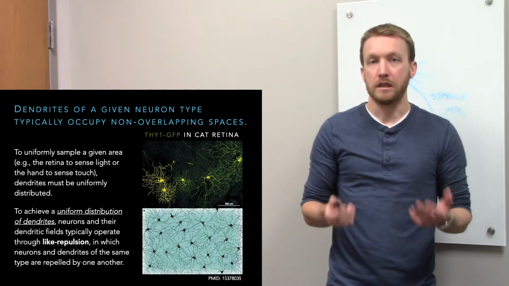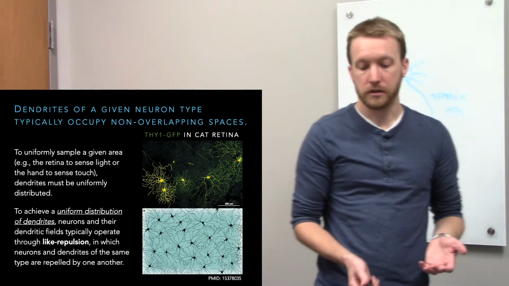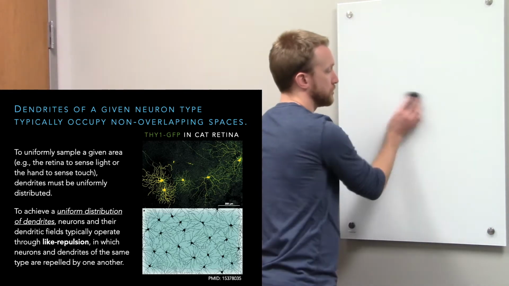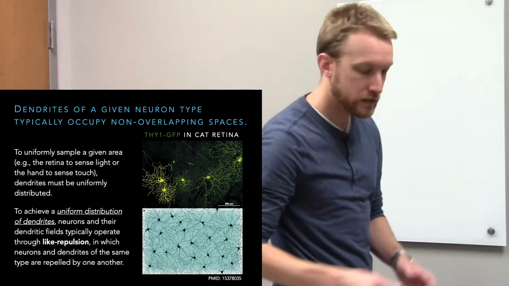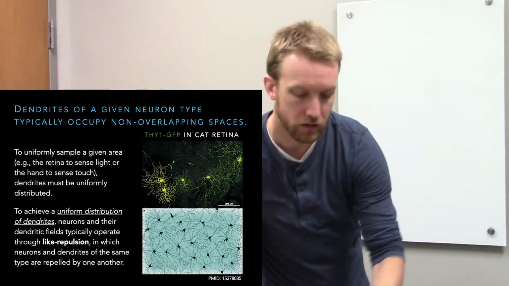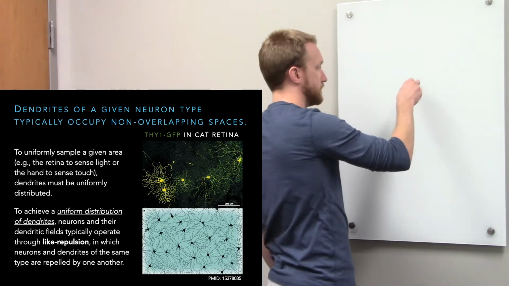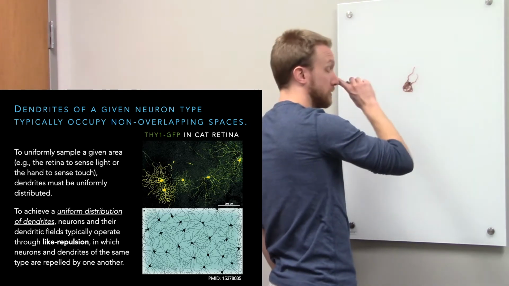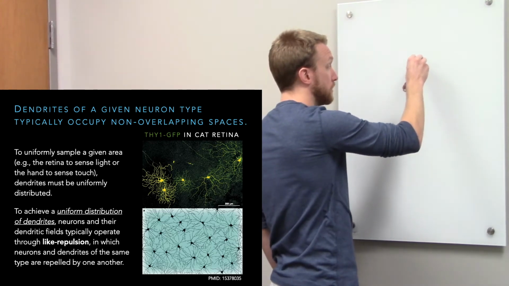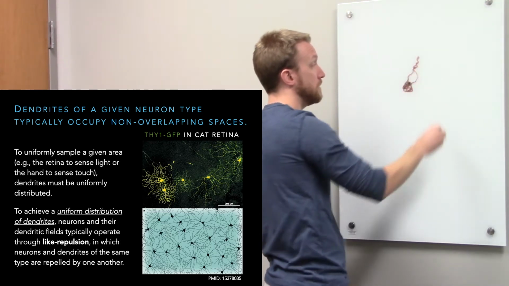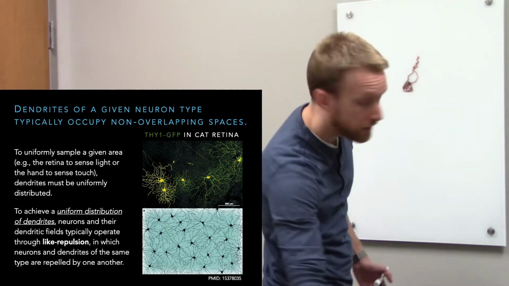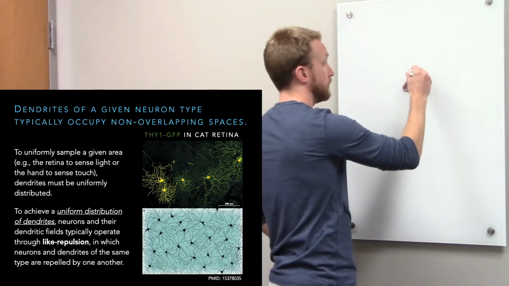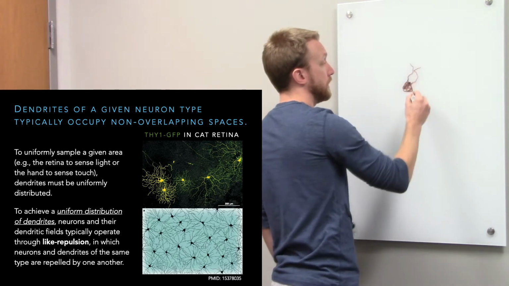So the dendrites from each individual neuron are going to tend to repel themselves. That's like repulsion. And what that's going to help do is prevent the piling up of dendrites into one area, so that as a dendrite grows out and it encounters its neighbor, rather than growing along one another and covering the same area, instead those dendrites are going to turn away from each other so that they cover different areas.